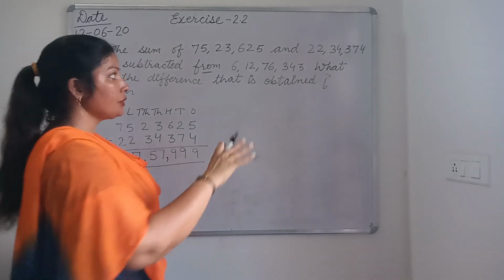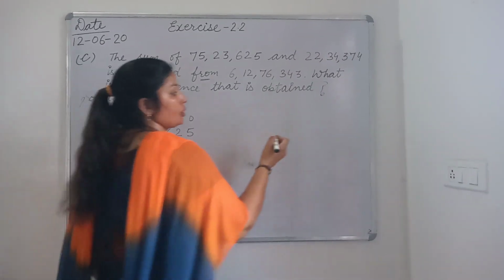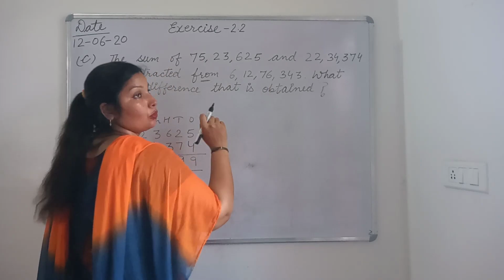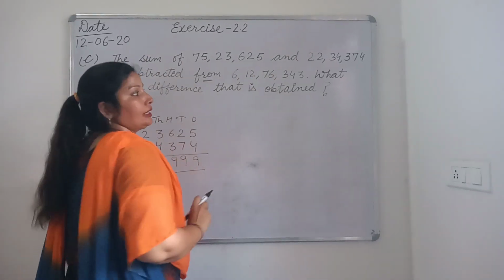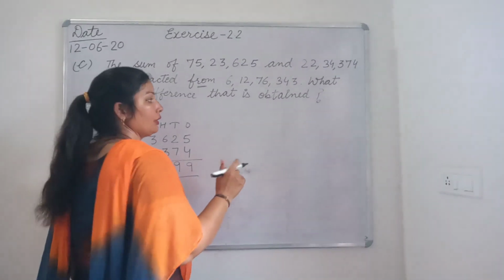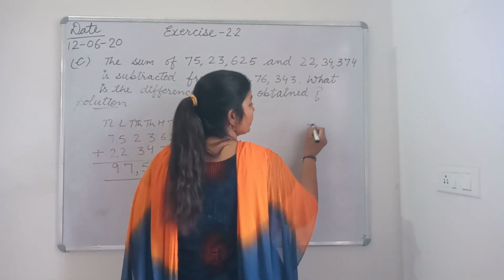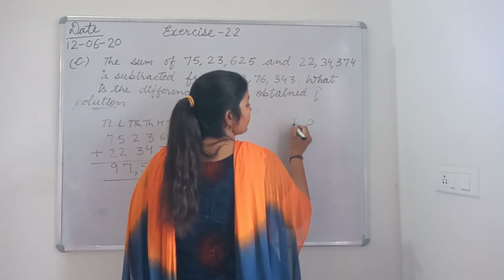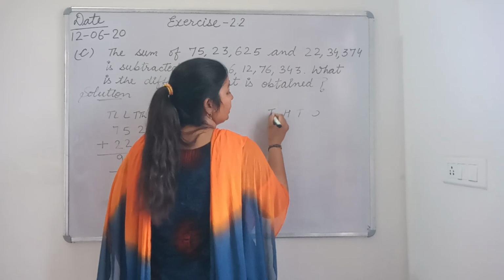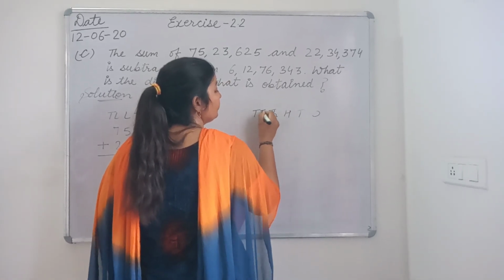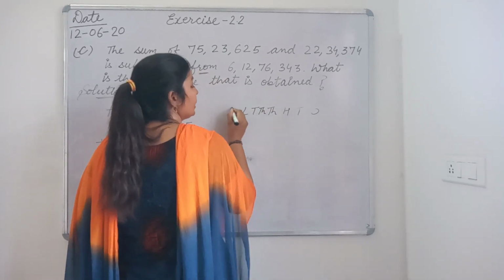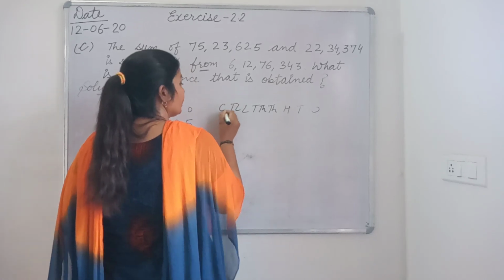So for subtraction we should again put the columns. Till where? Till crore, because there is 8-digit number. Okay. So till crore we have to write the columns. Ones, tens, 100, 1000, 10,000, lakhs, 10 lakhs, and then crore.